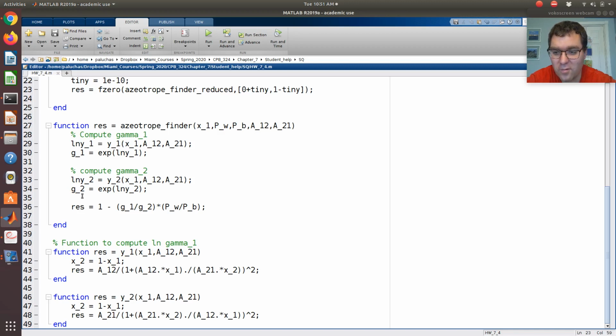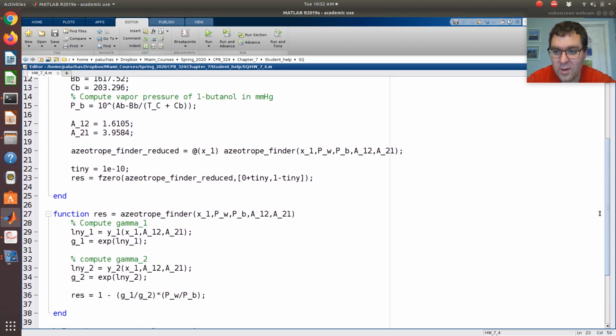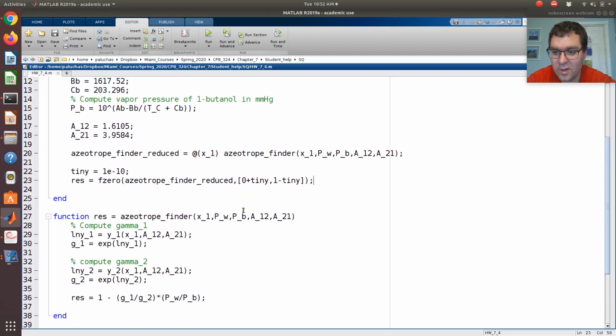So in terms of a variable name to store gamma 1 and gamma 2, I changed it to g since it didn't look like the function. But this occurs within the error function. Then I calculate alpha minus ratio of gamma times ratio of pressures. And then essentially we just use fzero to keep iterating on this, right? Iterating on x1 until it's satisfied.